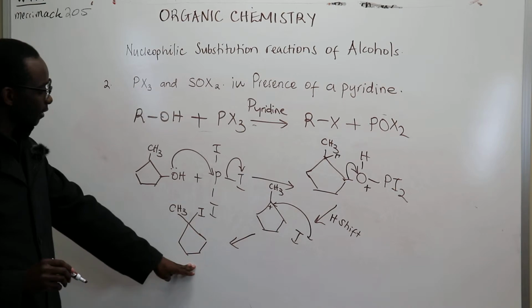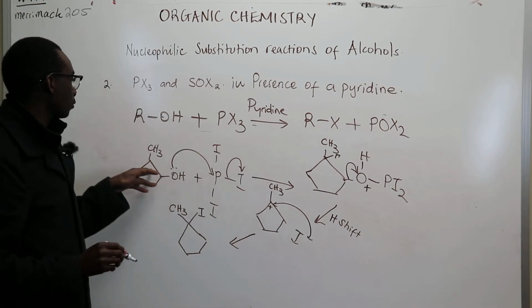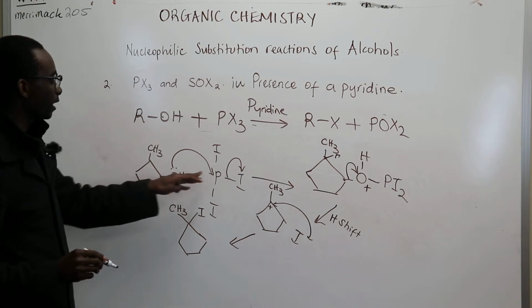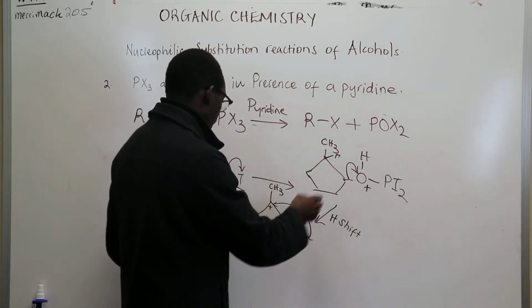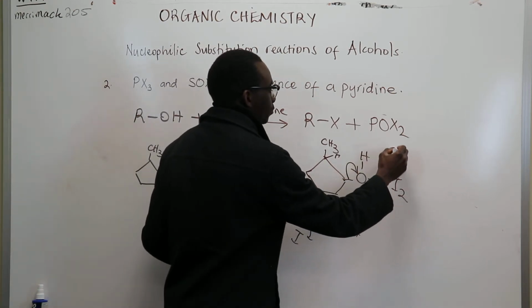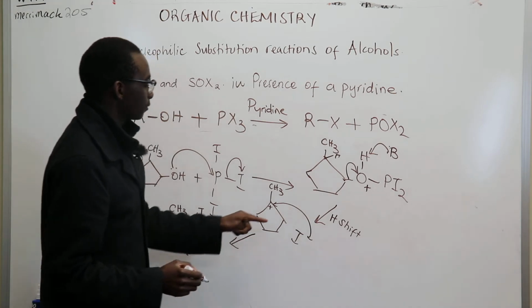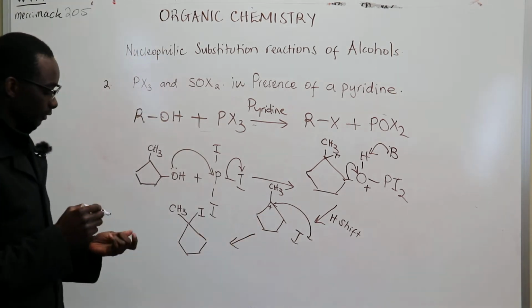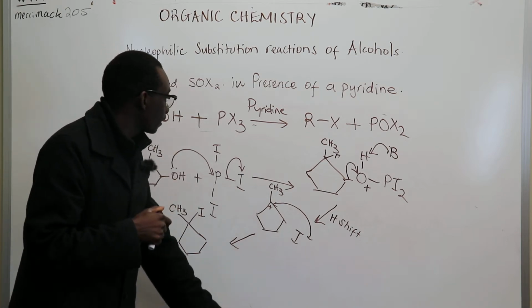So this is our final product when 2-methylcyclopentanol reacts with phosphorus trihalide in presence of a pyridine. So here I forgot to show you a pyridine, which is the base. It takes the hydrogen out. So this is how secondary alcohols react with phosphorus trihalides.